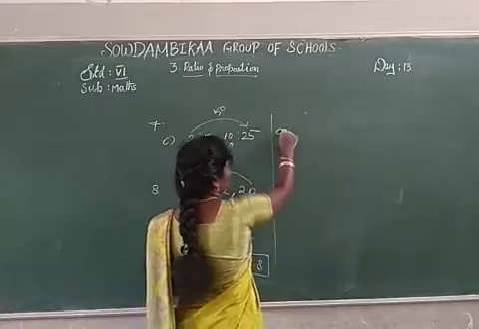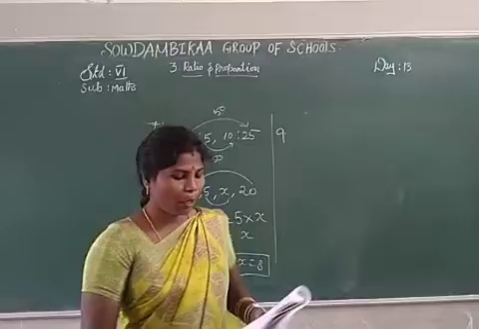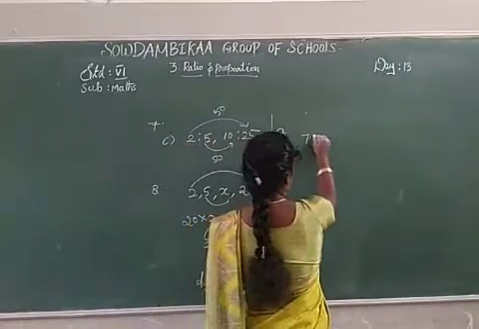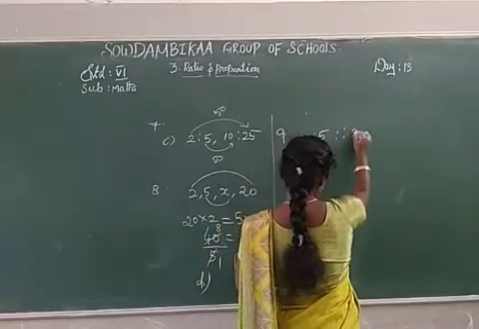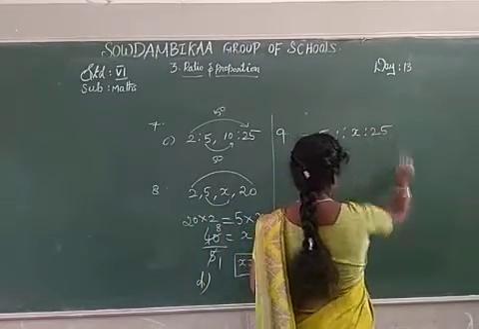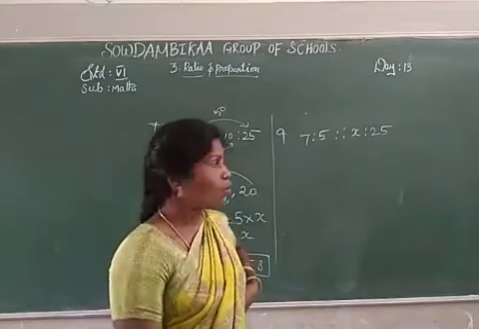Next, question 9: If 7 is to 5 is in proportion, 7 is to 5 is equal to x is to 25. Now find x.